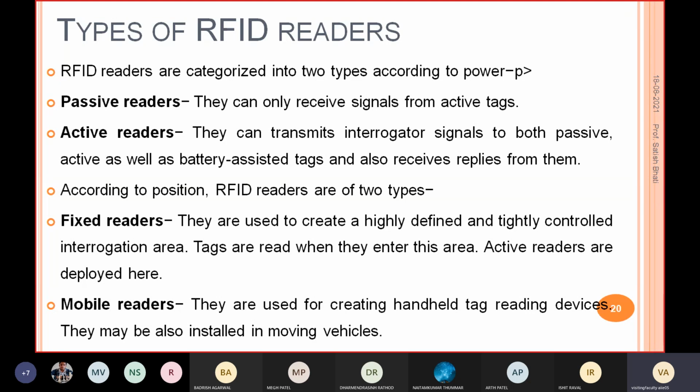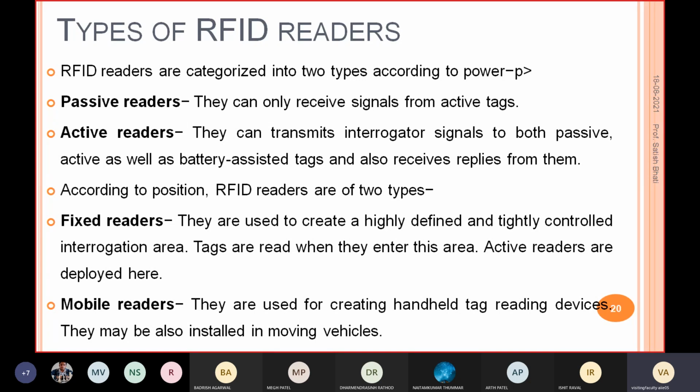RFID readers are categorized into two types according to power, similar to the categorization of RFID tags, where based on power we have the categories active tag and passive tag. Similarly, here also you have active reader and passive reader.